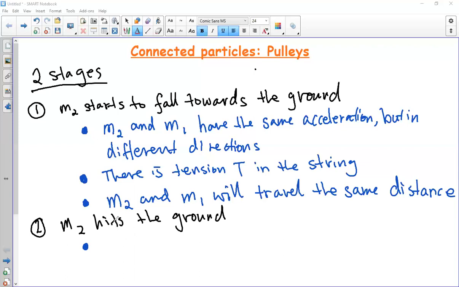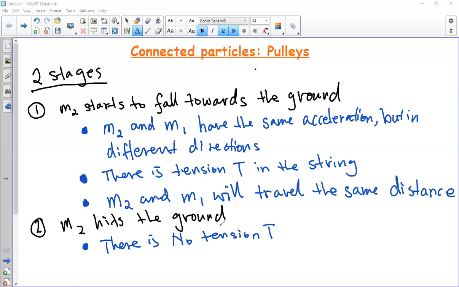But as we talked about before, what is happening to M1? There will be no tension in the string anymore because M2 is not pulling anymore. So there is no tension. You may need to draw a separate diagram with all the forces labeled, but without tension.